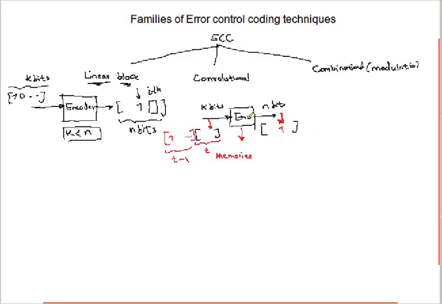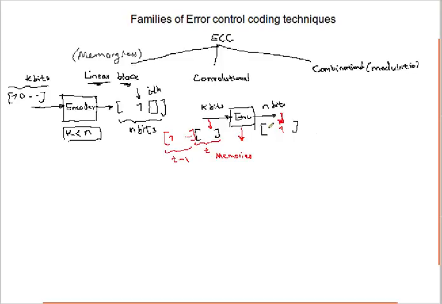So you can see the effect of the previous window of k bits. While here you didn't have memory, so it was basically memoryless. The linear block codes are basically memoryless codes.